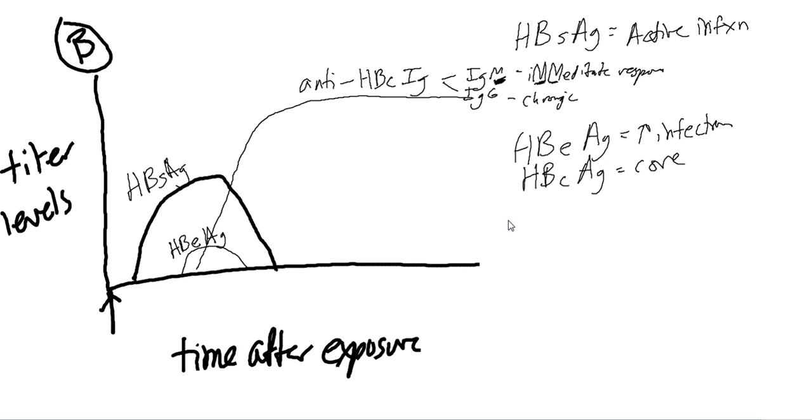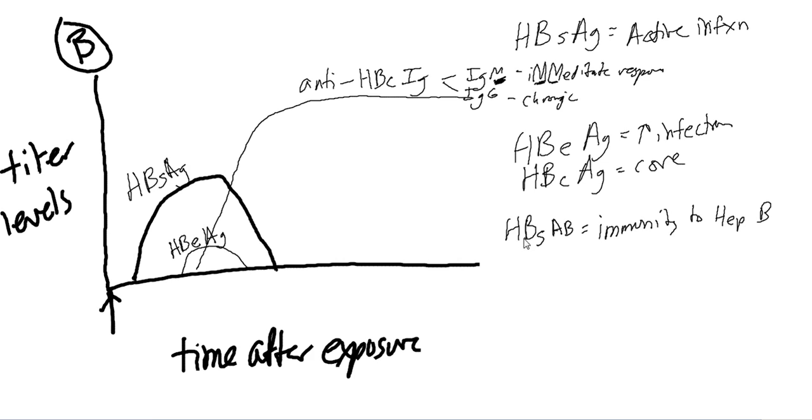Now, we're also going to have some antibodies produced. Hepatitis B surface antibody. So what this indicates is we're going to have immunity to Hep B in this case, since it's hepatitis B that we're talking about.